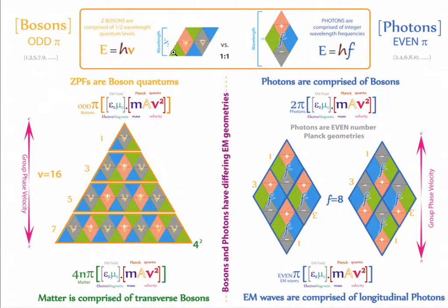What does change as a result of their geometry is obviously their wavelengths. Bosons are half wavelength geometries compared to the full wavelength geometries of photons. And again, comparing one to the other, it takes 2 bosons to make a photon.